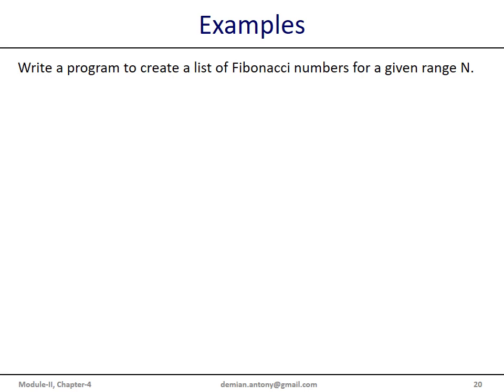Let's take up the second problem. Write a program to create a list of Fibonacci numbers for a given range n. N must be a positive number, let us say 10, 20, 5, 8, etc. How do we solve this simple problem?